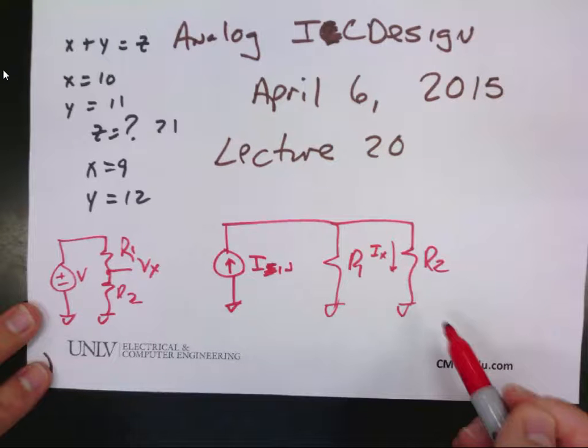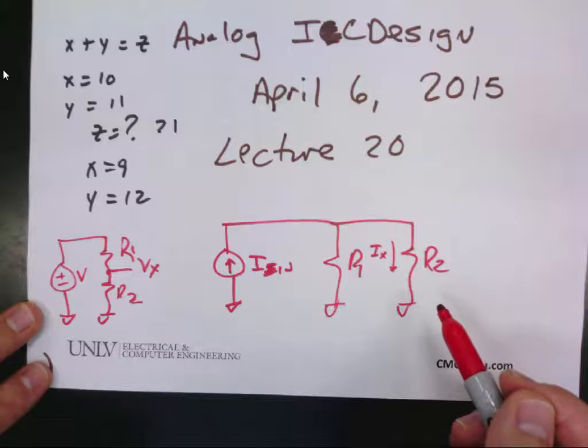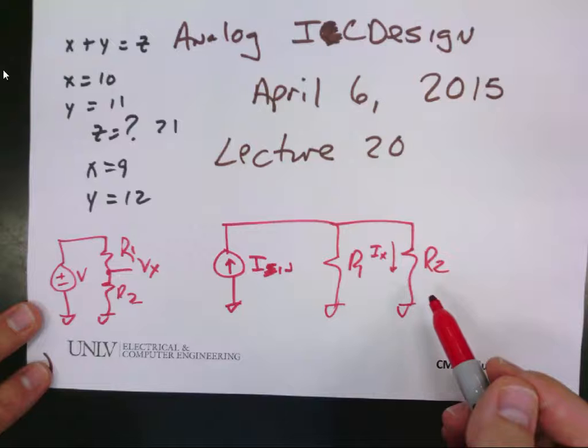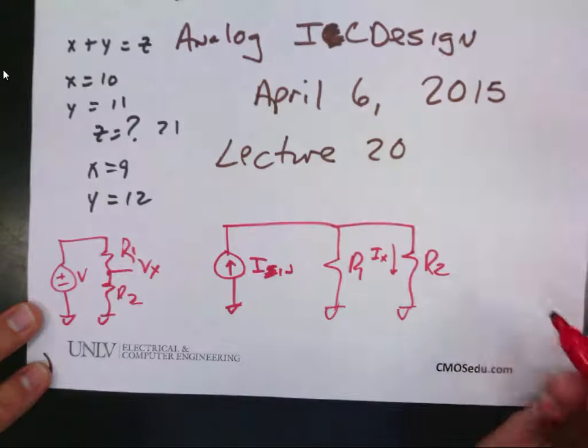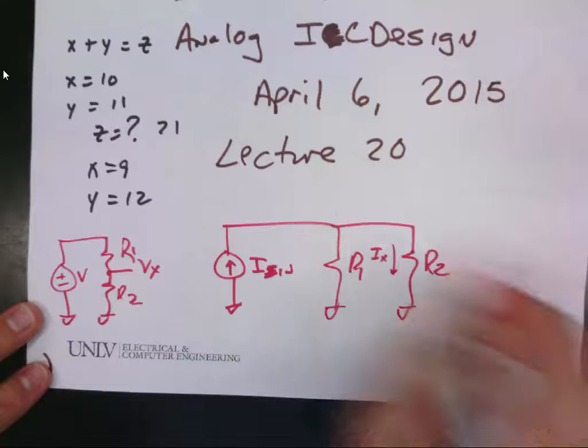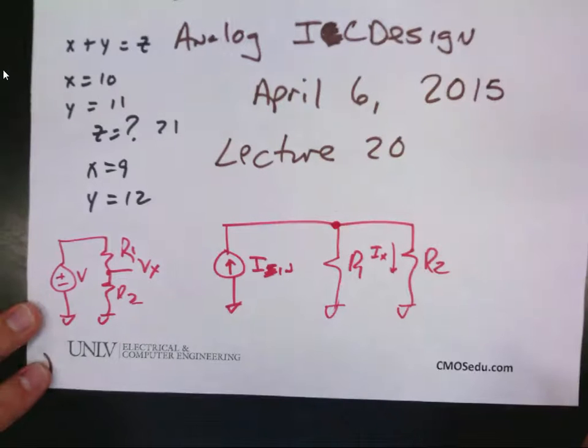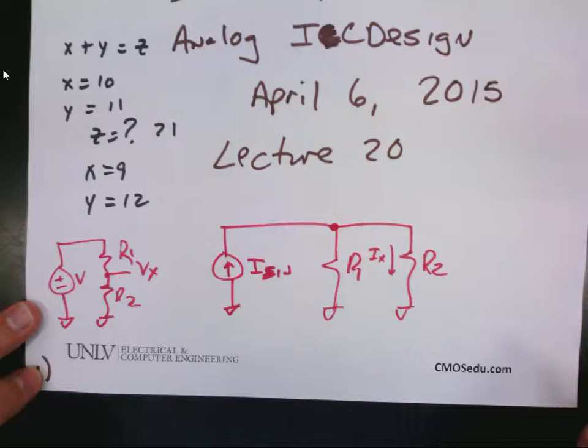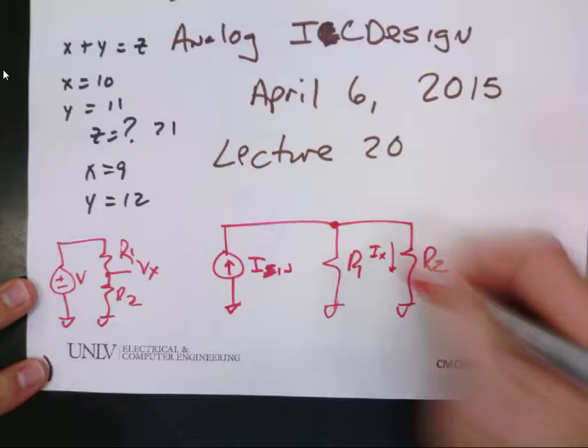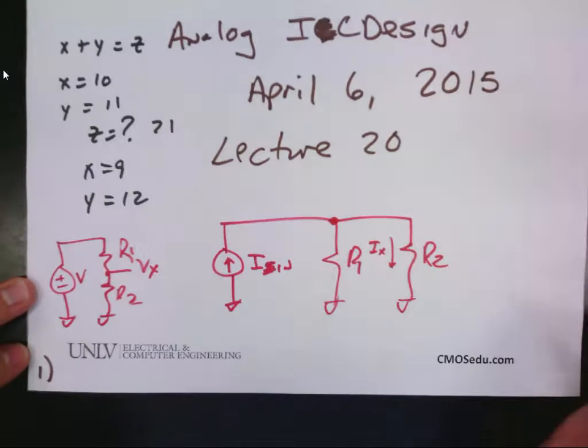Has anybody not seen that before? So let's derive it. Tell me how to derive it. Oh, so you got a degree in electrical engineering. Let's start with some circuits 1 stuff. Here's a current divider. Show me how to find out the current Ix through R2. What is it?